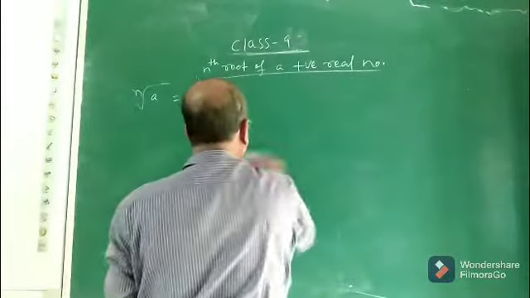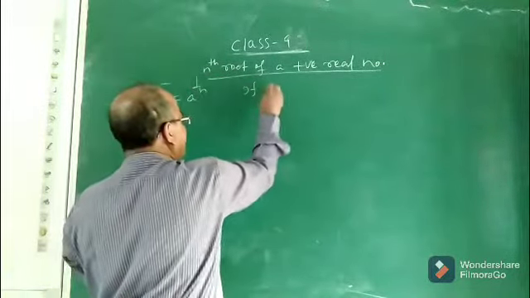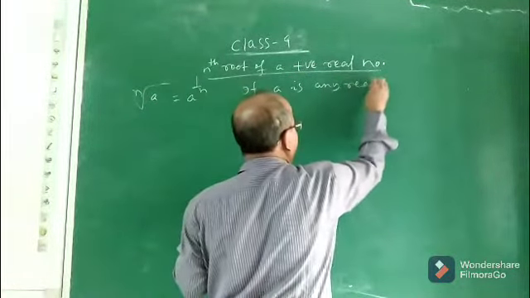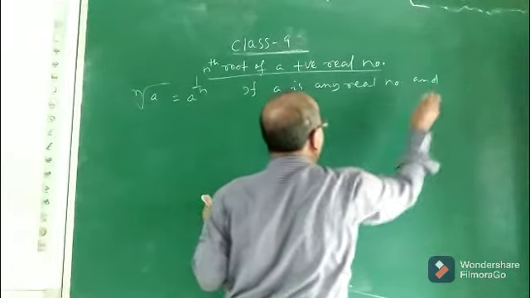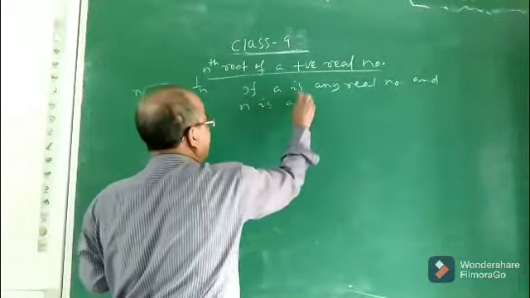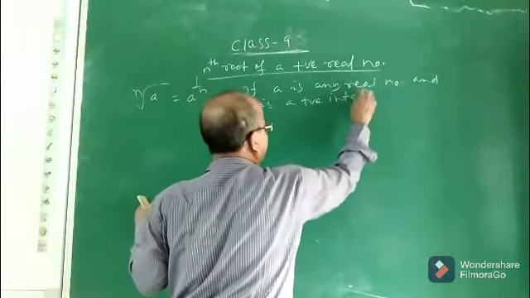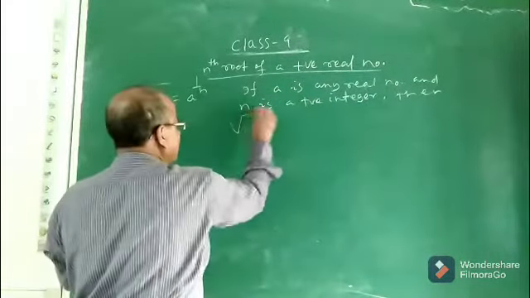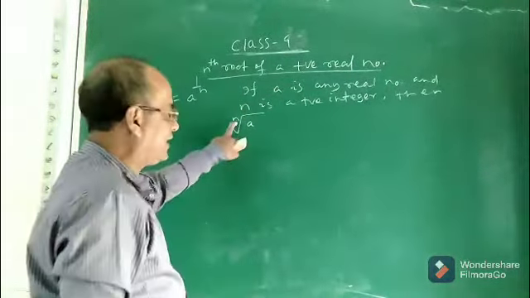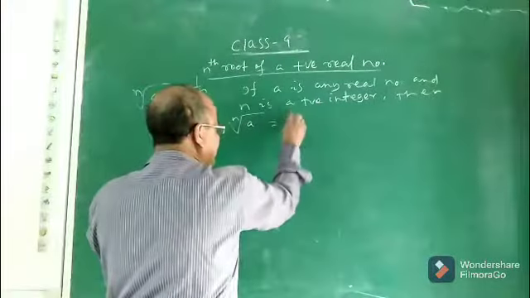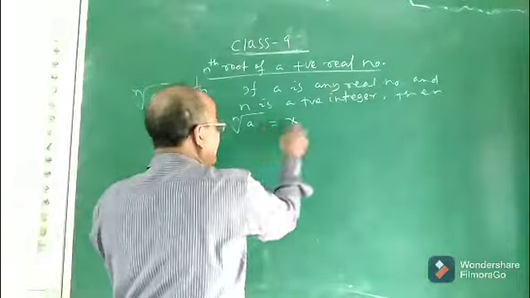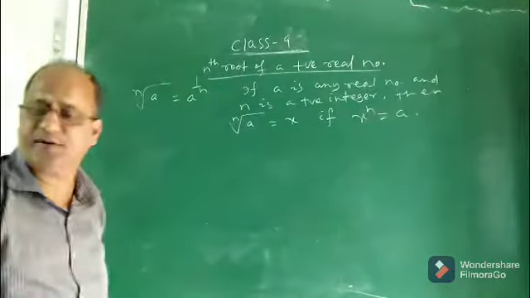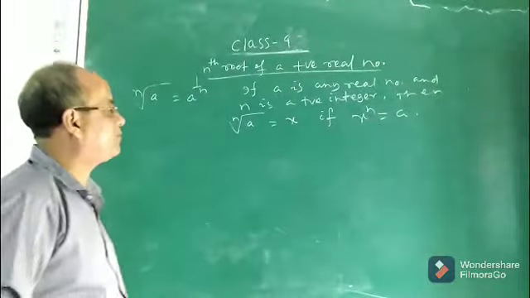If A is any real number and n is a positive integer, then nth root of A will be equal to x if x to the power n equals A. This is the definition of nth root of a positive real number.